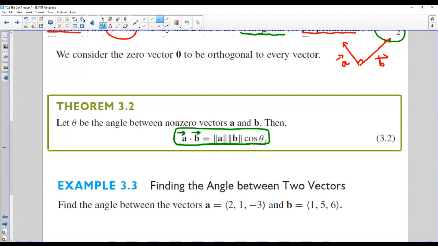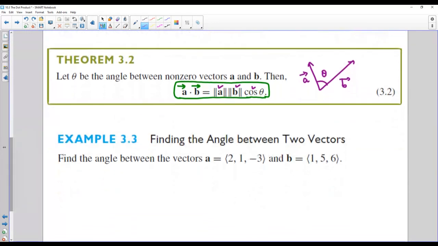So the dot product of two vectors A and B is the magnitude of A multiplied by the magnitude of B multiplied by the cosine of the angle between the two vectors. So A dot B is the magnitude of A multiplied by the magnitude of B multiplied by cosine theta.